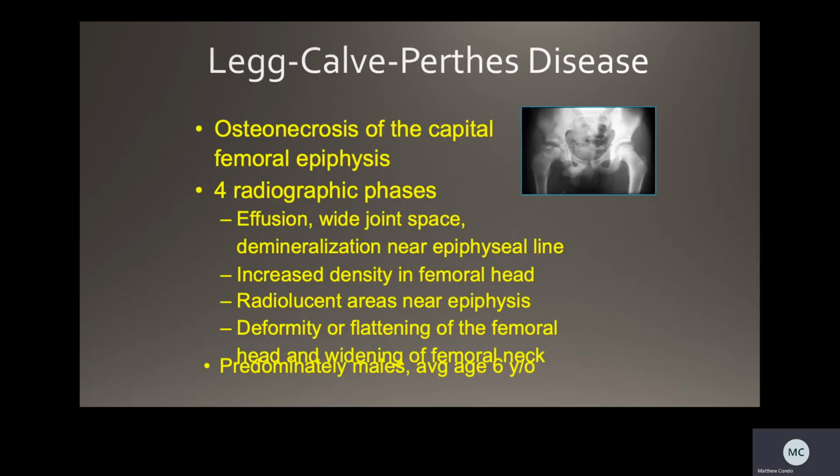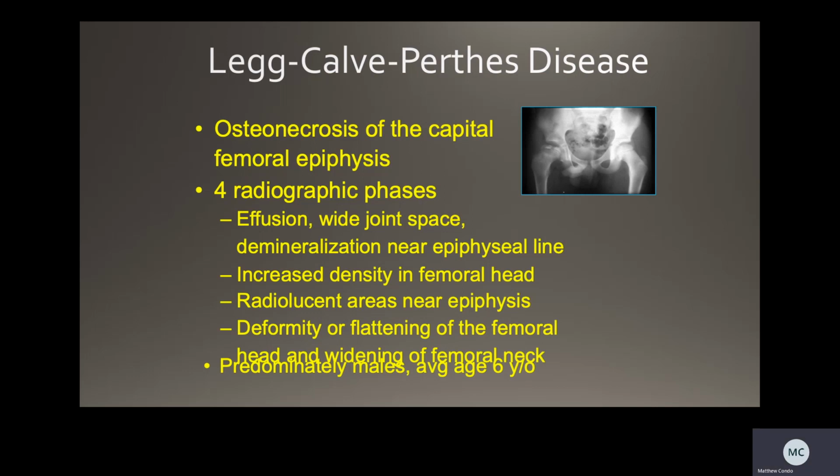When it comes to Legg-Calve-Perthes disease, we can see some osteonecrosis of the capital femoral epiphysis. And typically what we're going to see is 4 phases, right? First we're going to see some effusion, a wide joint space, demineralization around the epiphyseal lines or plates, increased density in the femoral head, radiolucent areas around the epiphysis, deformity or flattening of the femoral head, and widening of the femoral neck.